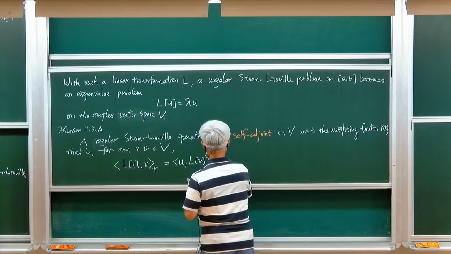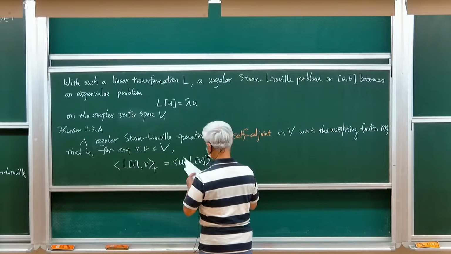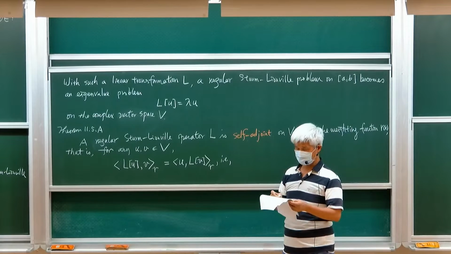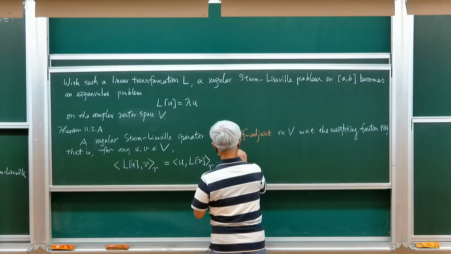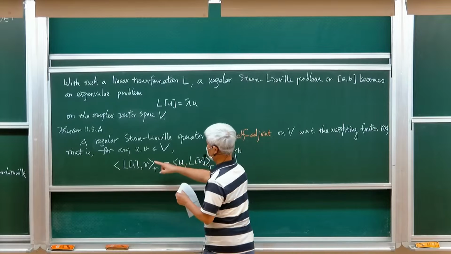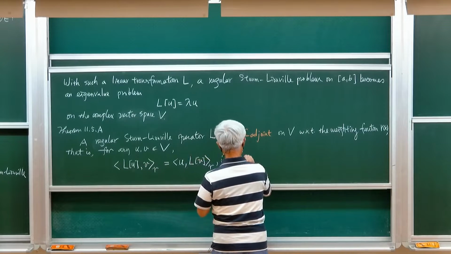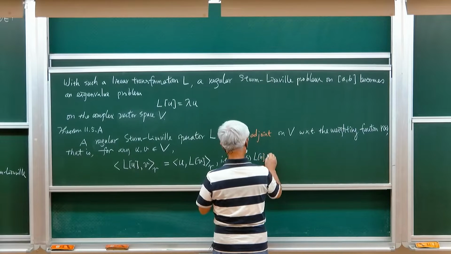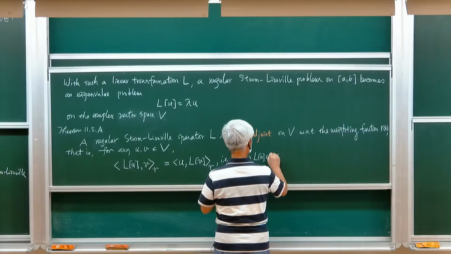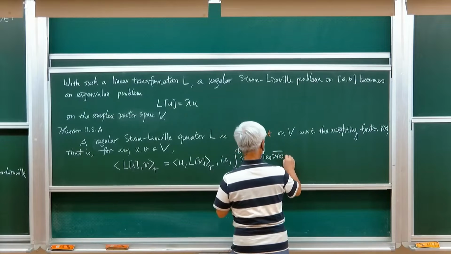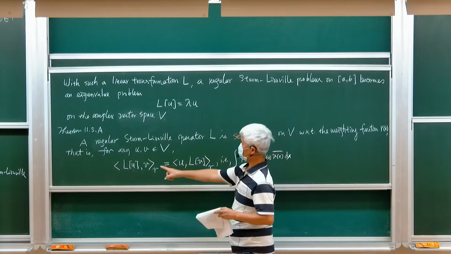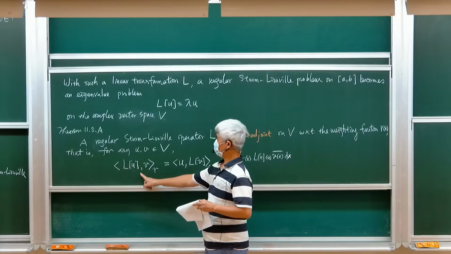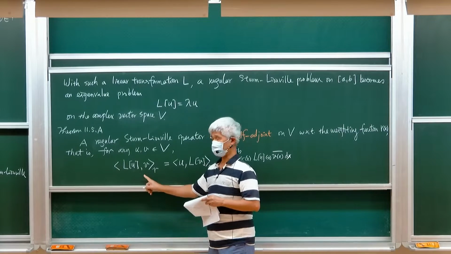So if you rewrite it, because the inner product has been defined in terms of a definite integral, we know this inner product is the integral of R of x, L u of x and v bar. So this is the inner product with respect to the weighting function R at the left-hand side.